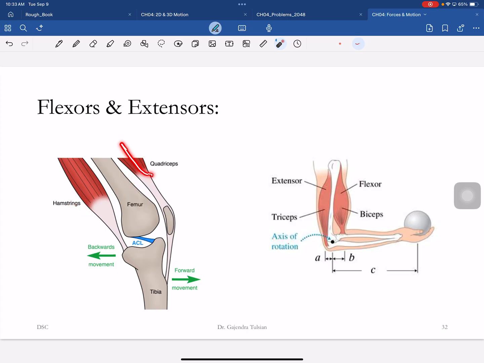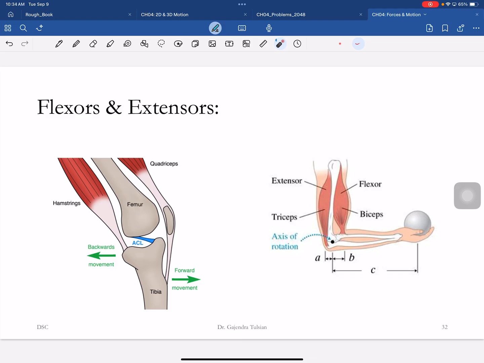When this contracts, it's attached to the bone over here, the tibia over there, and the tibia moves forward. In your arms, when this contracts, this is a flexor muscle, your arm raises.